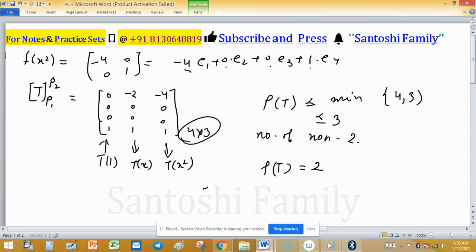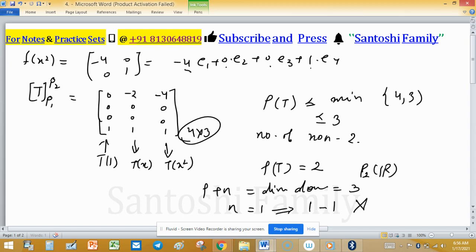By the rank-nullity theorem, this equals the dimension of the domain. P2(R) is given, so its dimension is 3, and nullity is 1. Nullity is 1, which implies T is not one-one.